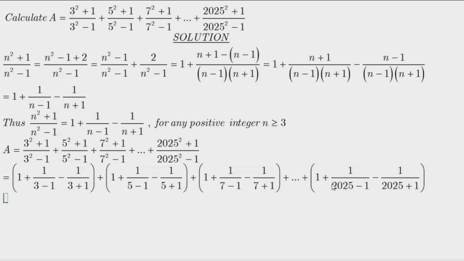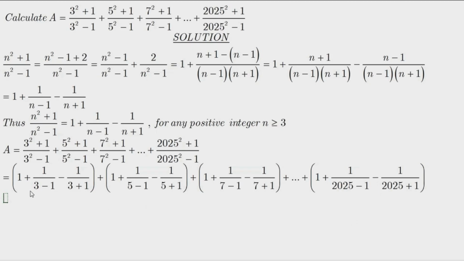When n equals 2025, we substitute it into the general form, and we get 1 plus 1 divided by 2025 minus 1, minus 1 divided by 2025 plus 1. Now we have to calculate these fractions.